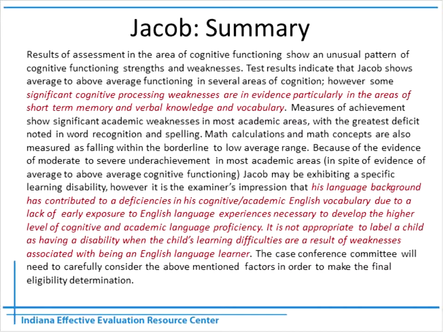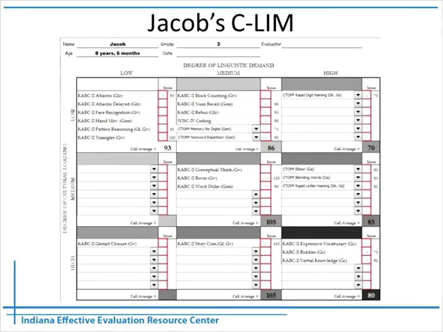Now, this summary probably should have come after looking at the scores with the Culture Language Matrix. If I drop the scores in the Culture Language Matrix, this is pretty much what they look like here. You can see that tests that are low in the upper left-hand corner, 93. But then we have some scores like KABC-II Rover. He did extremely well there, and so he got a 120, which is a scaled score of 14.